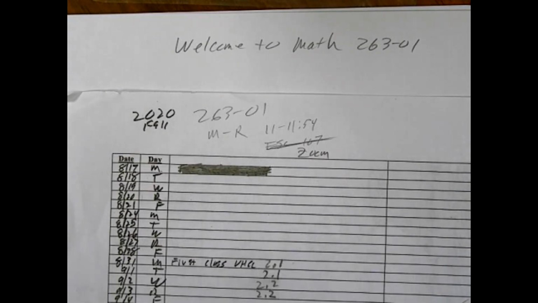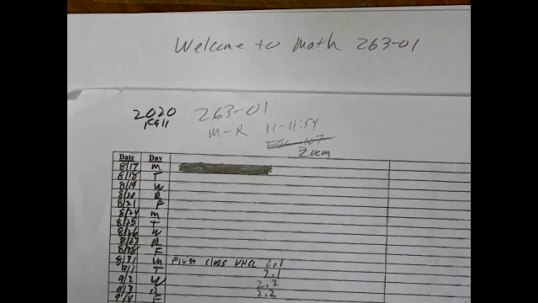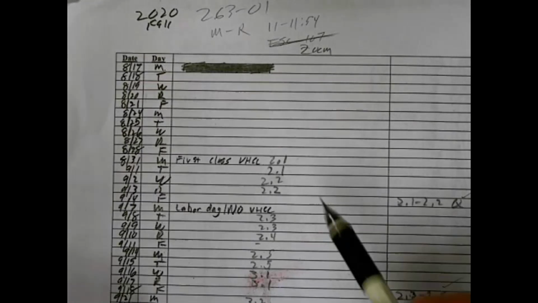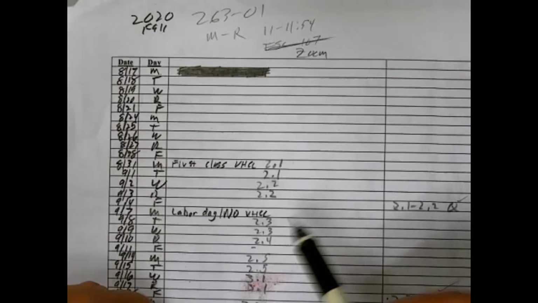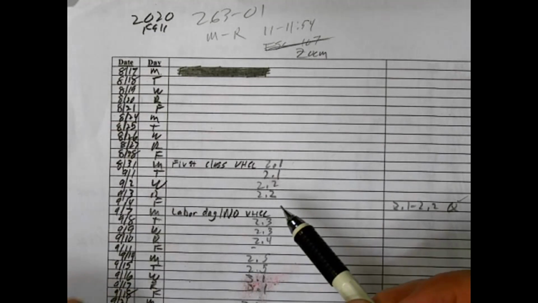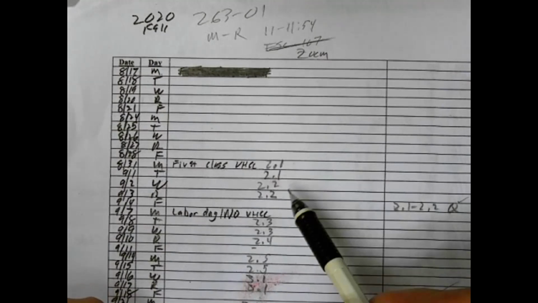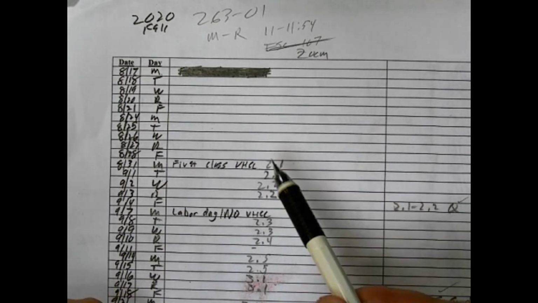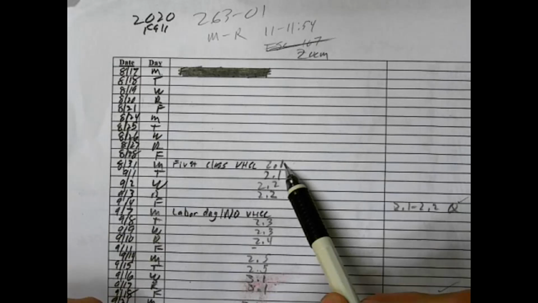I want this class to resemble as much as possible the class you would have taken had it stayed face-to-face. So here's what I'm going to do. Every class day I will record a video on Zoom of the material I would have presented in class that day. For example, today we were scheduled to do section 2.1.